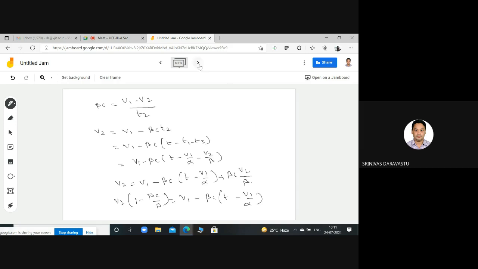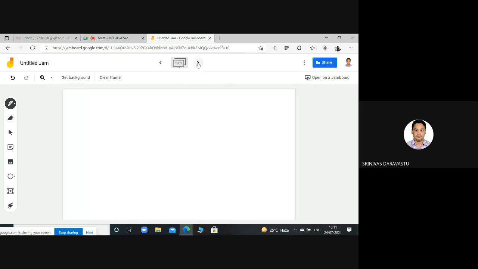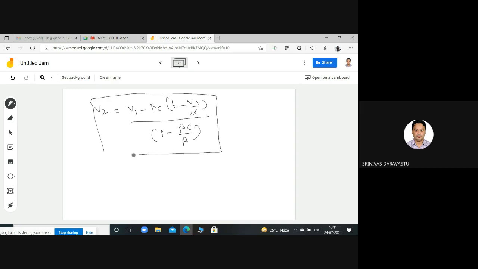Now we can write V2 equals V1 minus beta C into T minus V1 by alpha, divided by 1 minus beta C by beta.